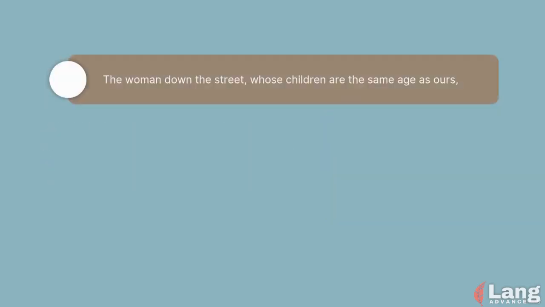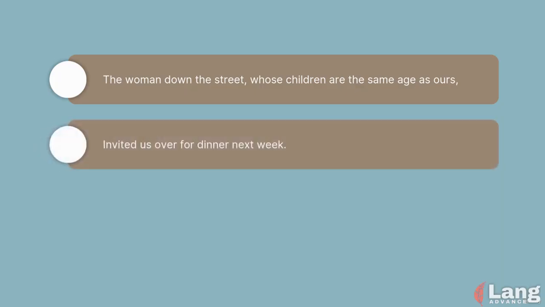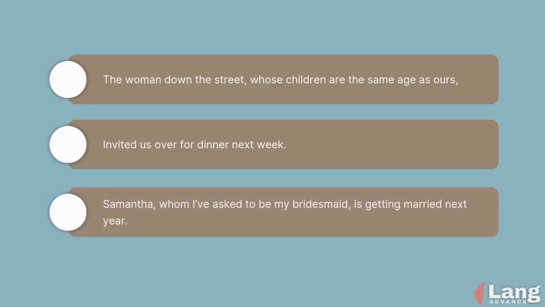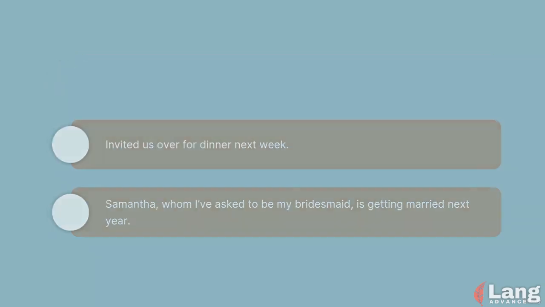The woman down the street, whose children are the same age as ours, invited us over for dinner next week. Samantha, whom I have asked to be my bridesmaid, is getting married next year.